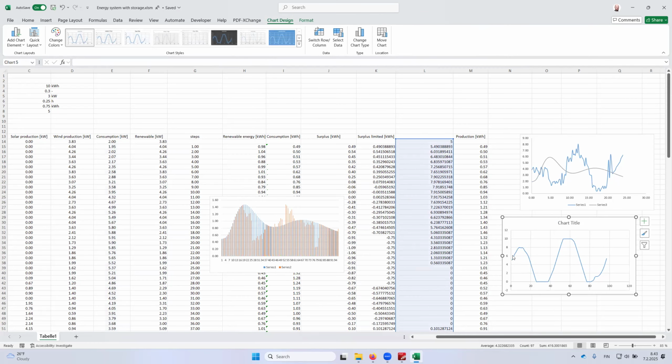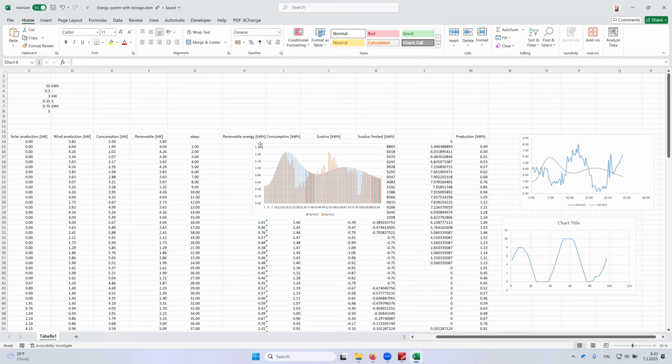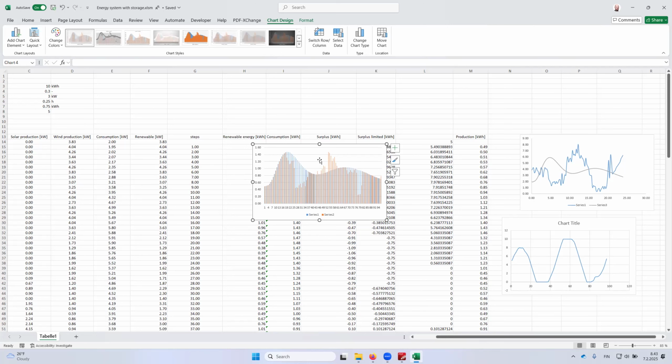So we'll see it like this. First the battery is charged. Then it stays constant in here. Well, that's probably only one time step in here. But then the discharge starts because there's a need for this additional energy. And as you can see, there is something that you have to curtail. So there's too much energy to fit into the battery at this point.